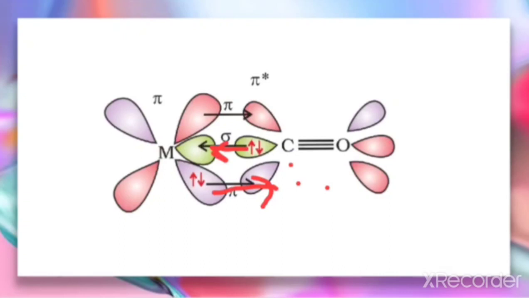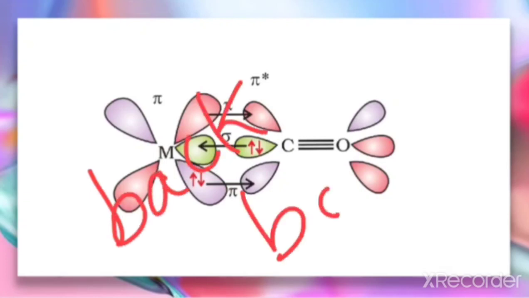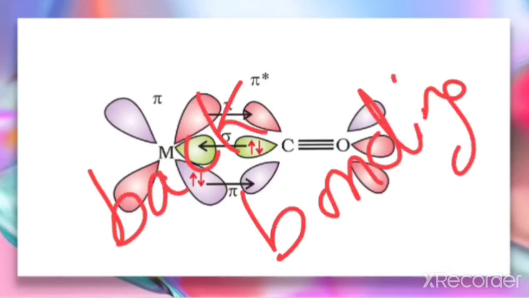So this type of bonding where there is a back donation, like one is giving, the other is giving back, is called back donation or back bonding. It is called back bonding because the ligand is giving the electron for bonding, and that is given back by the metal.